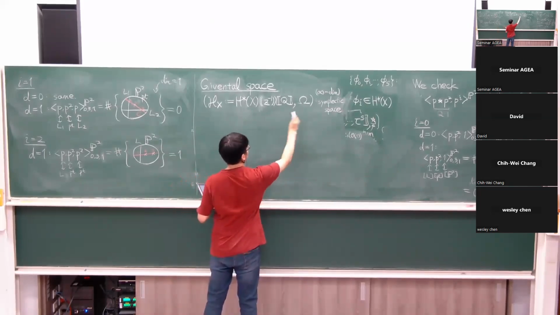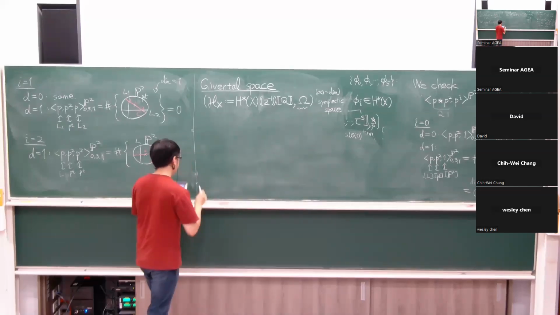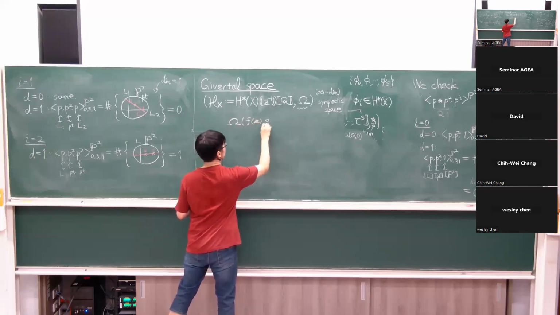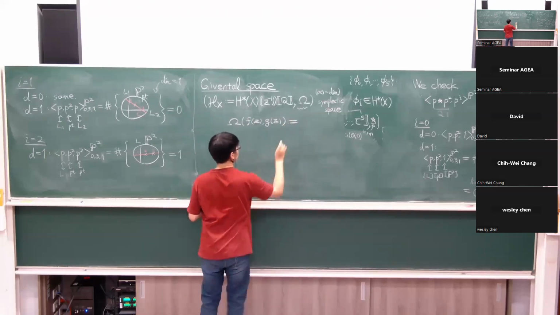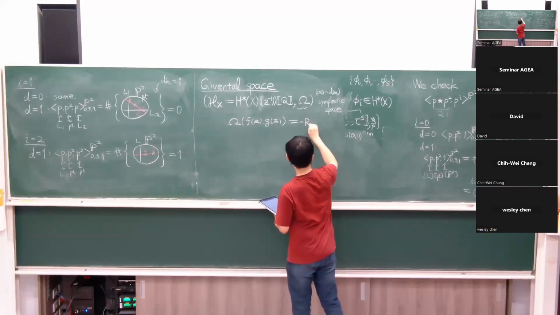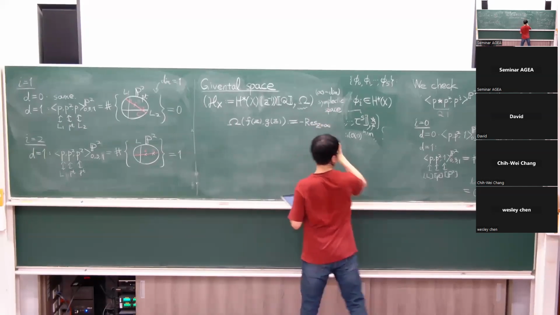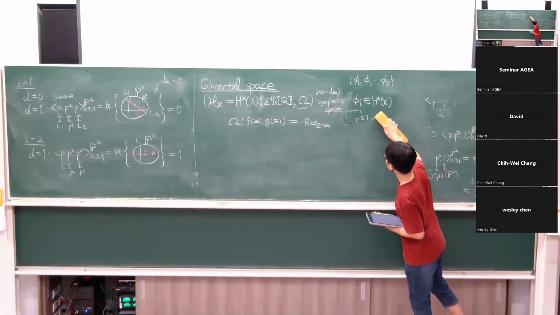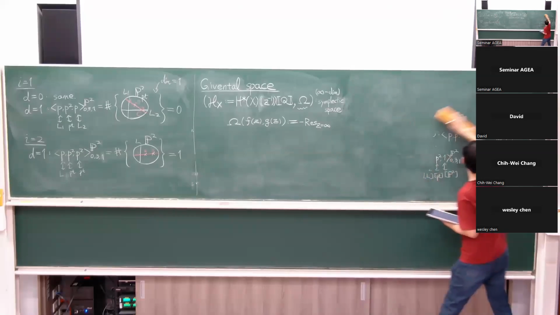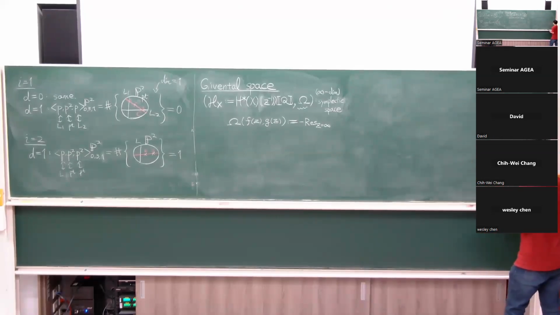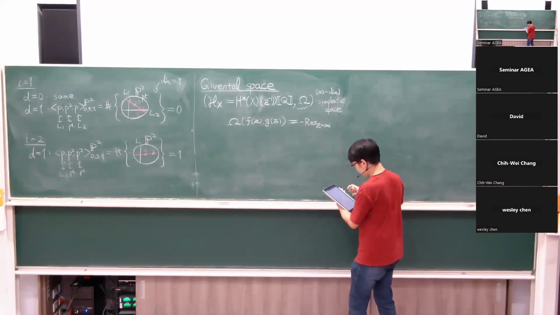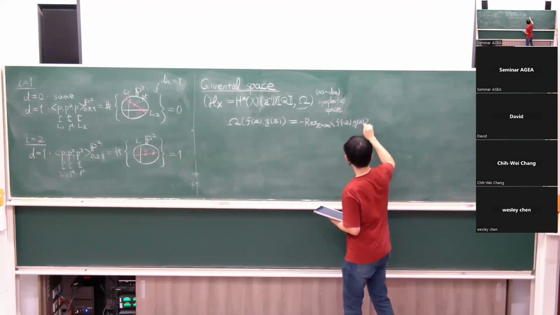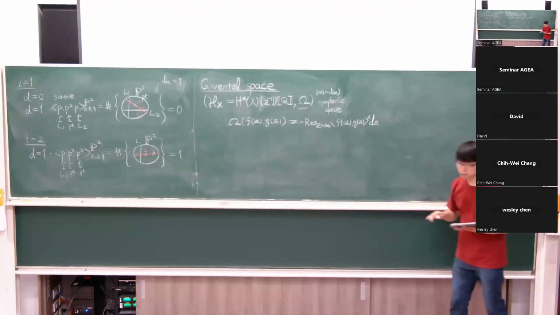Here, omega denotes the symplectic form defined by this pairing.